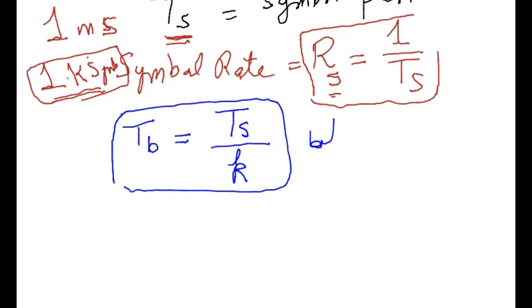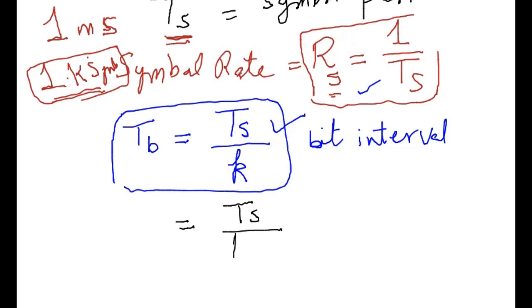Let me write it here. So our bit interval is related to the signaling interval. We have the rate related to the signaling interval and the bit interval related to the signaling interval. You can also write it in this form: Tb is equal to Ts over log 2 of M. Instead of k, you can use the number of unique symbols, log 2 of M, which is also correct.